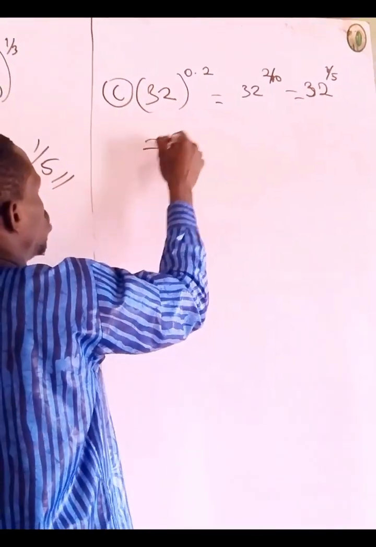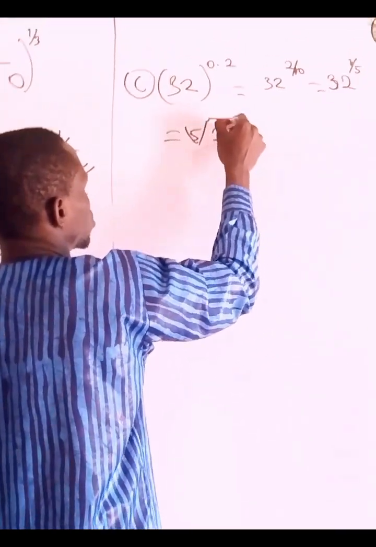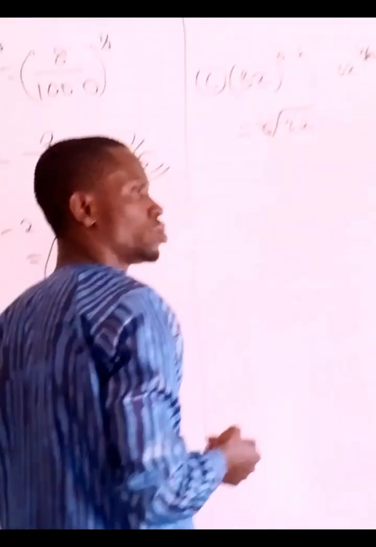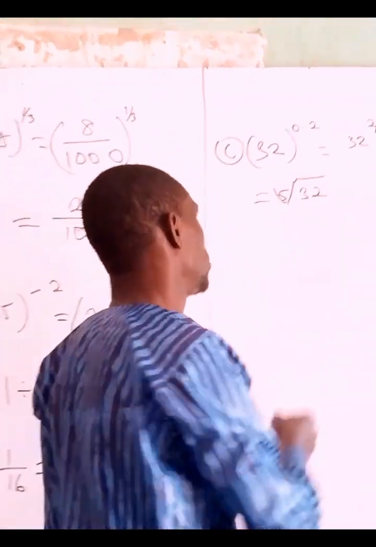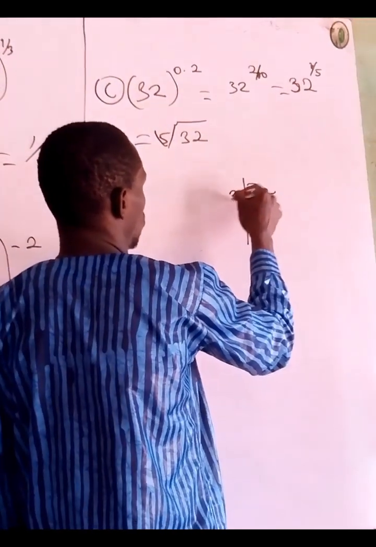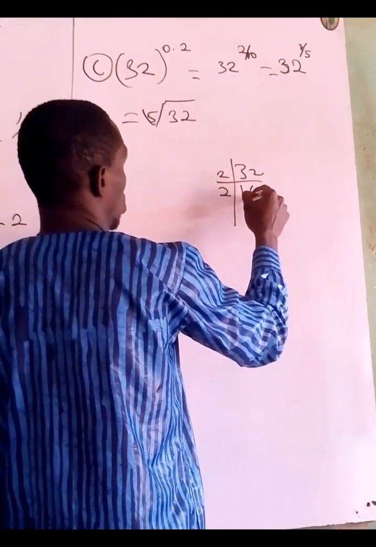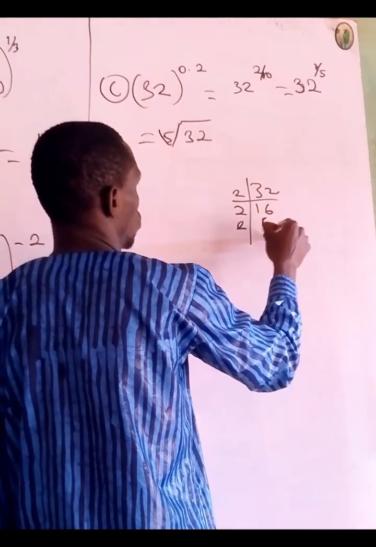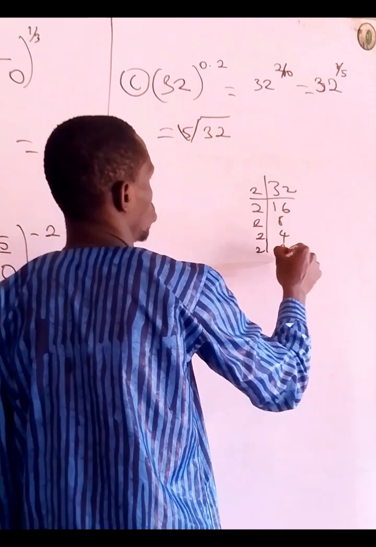Then, of course, let's see the fifth root of 32. I think the fifth root of 32 is 2. Let us confirm. 32 into 16 into 8 into 4 into 2 and into 1.